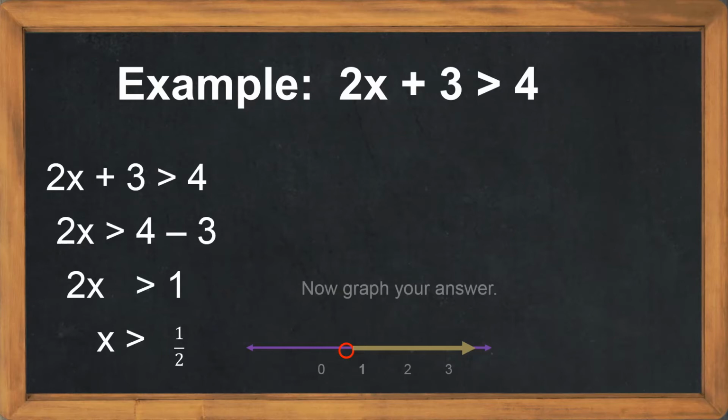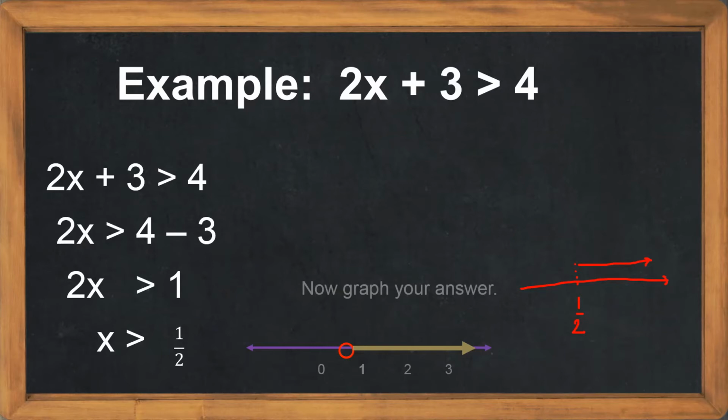Another way, as I told you before, to graph this solution is to put the axis. This is half. Suppose that half is here. You put a dotted line and you go to the right side. Okay, so both of them are correct.